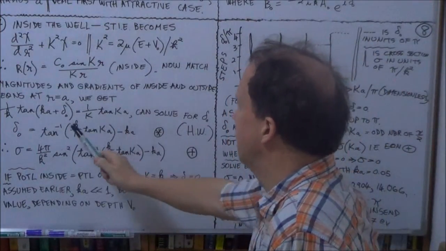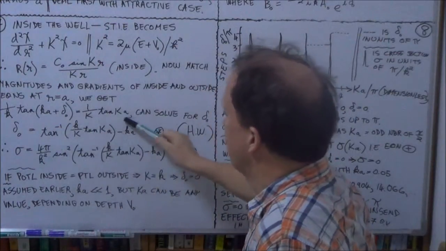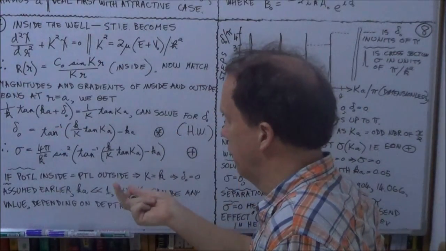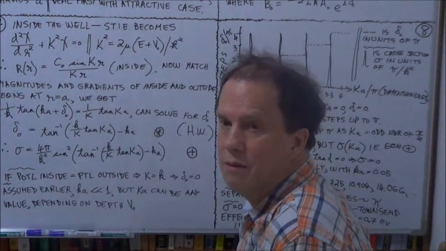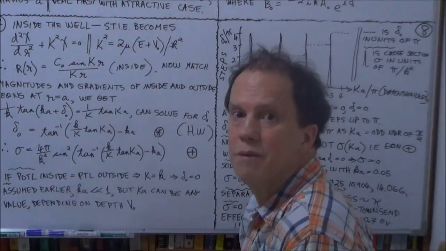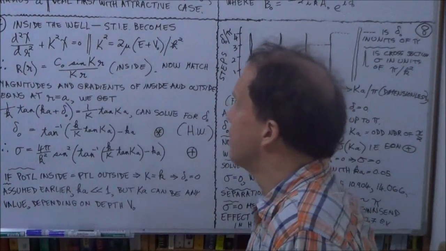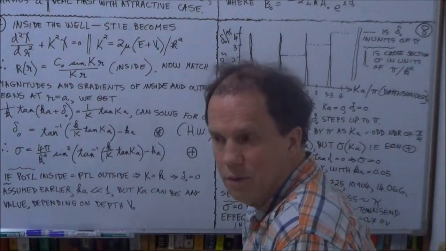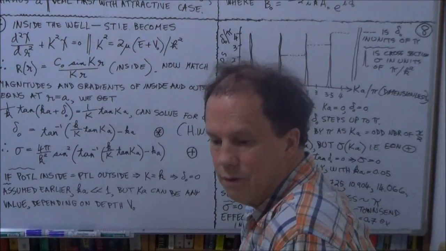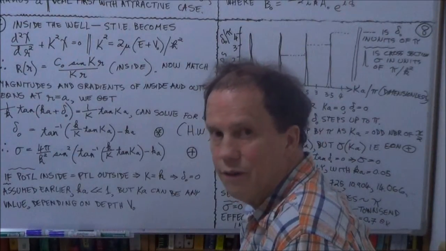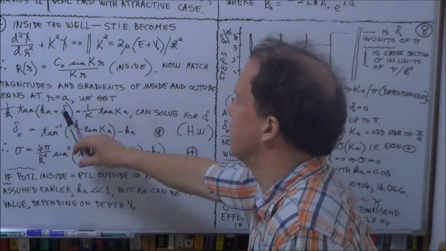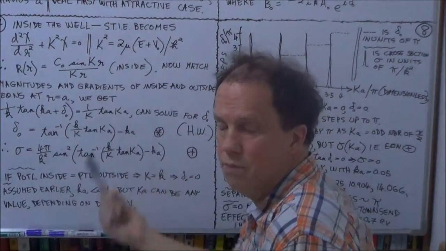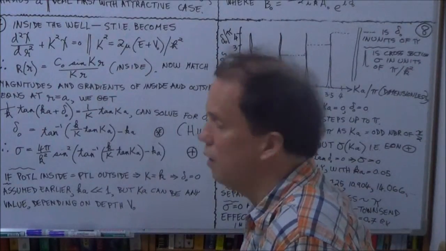Now, interestingly, if you got this, we now have an expression for delta naught. We can actually calculate what that phase change is, and that's interesting because if we know the delta, then we can find f of naught, stuff like that. So once we know what the delta is, we're a whole major step further along.